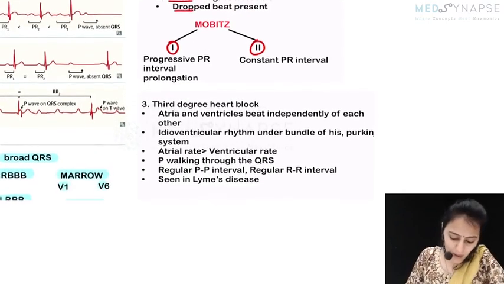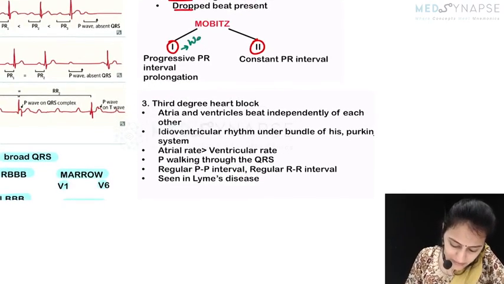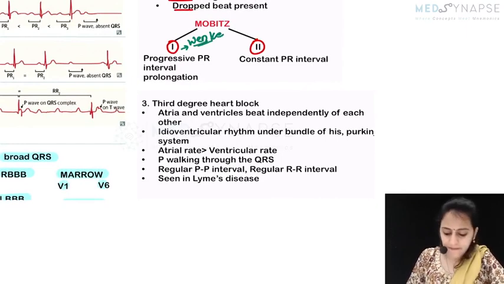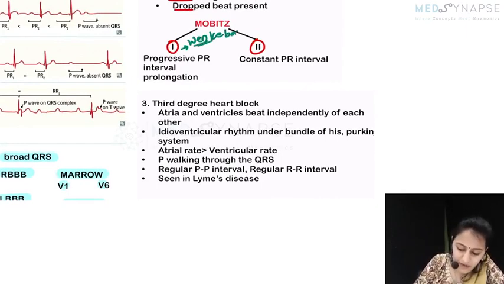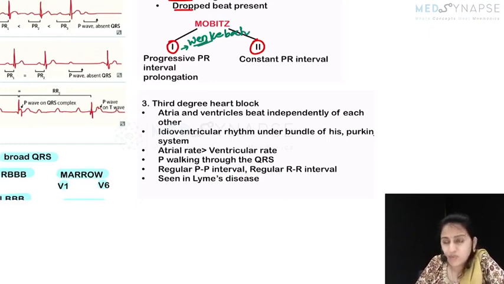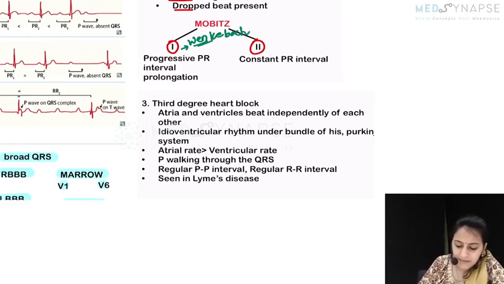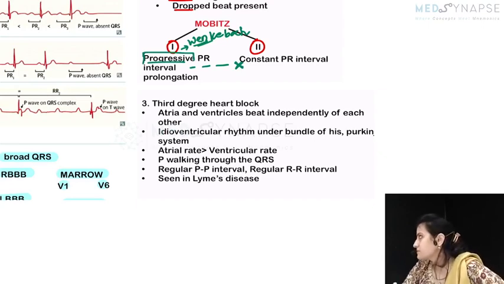Remember, 1 is Wenckebach's. What is the Wenckebach's phenomenon? The PR interval keeps on increasing, and finally you see a dropped beat. So there is progressive increase in PR, then there's a drop in the beat.